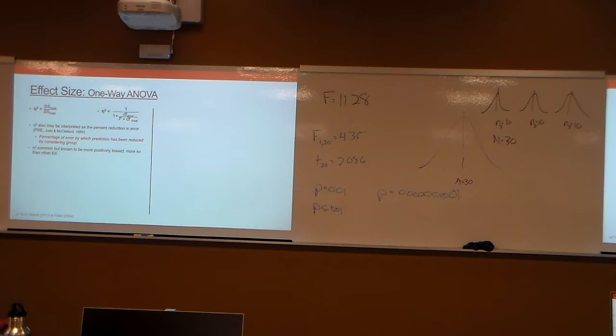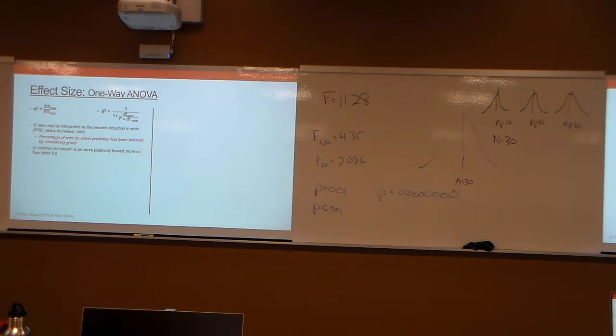If there's no difference in the population, are my observed samples all going to have exactly the same mean? They should, if it's all the same. Well, the population is the same, but is my sample always going to equal exactly my population mean? No. So are all my sample means going to be the same? No. And so there's going to be some variability, right? There's going to be some differences, right?